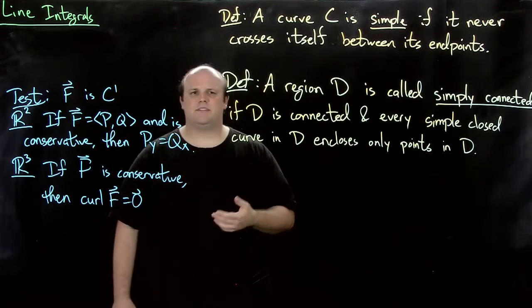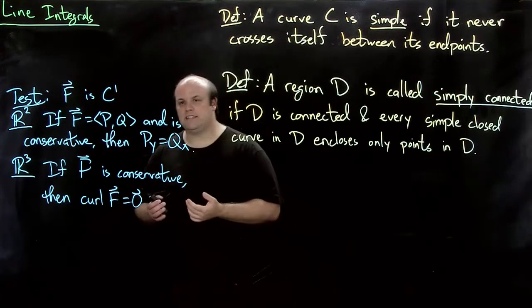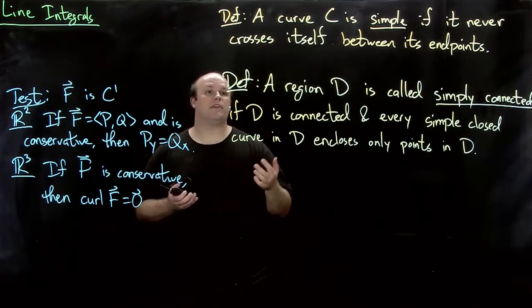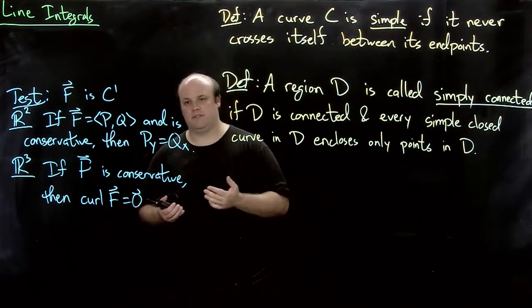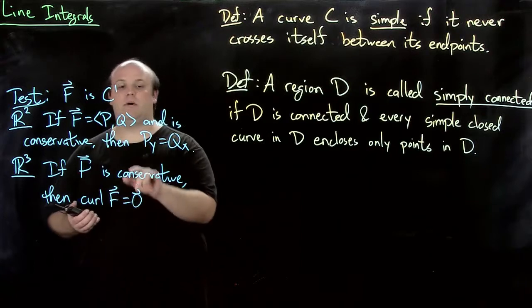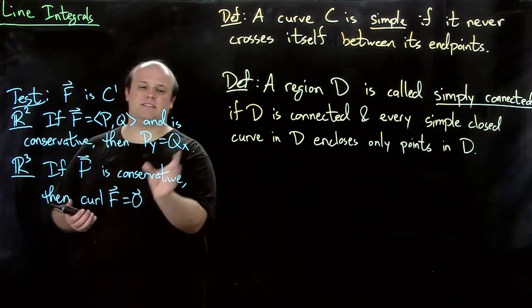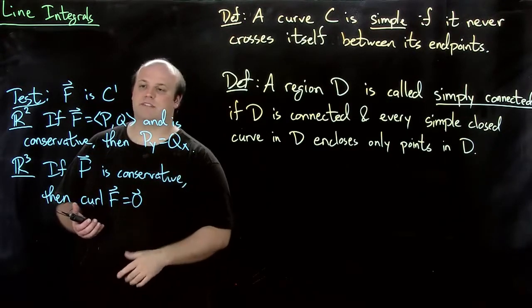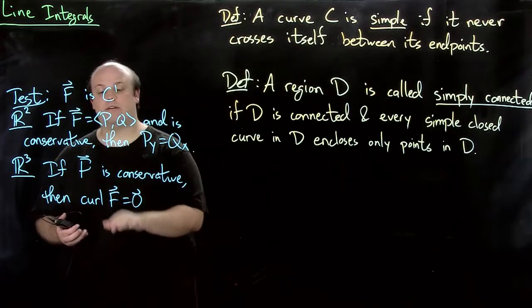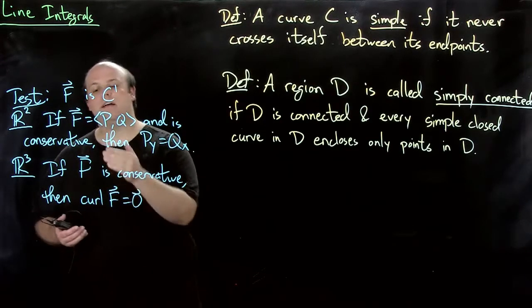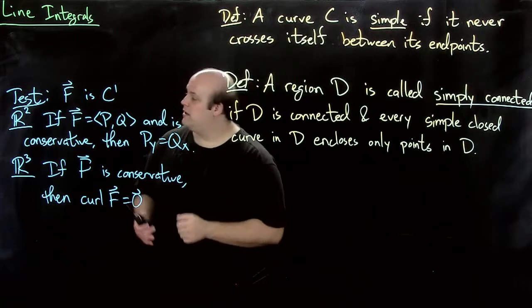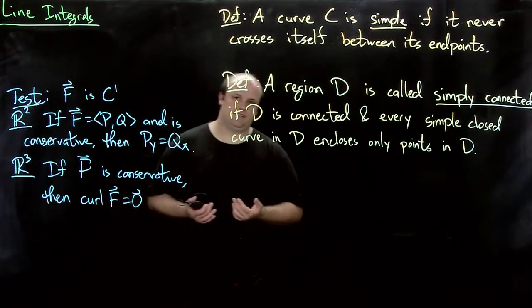Well, how do we start figuring out a test for whether a vector field is conservative? In other words, is it possible to turn these around and say, if we have Py equals Qx, then it is conservative, or if we have curl is 0, then it is conservative? When do we have those kinds of things?